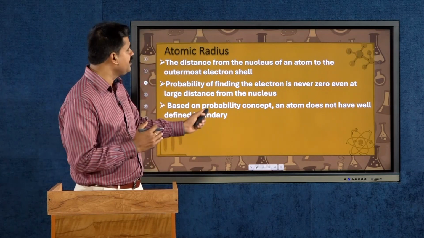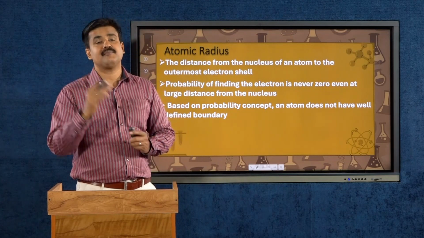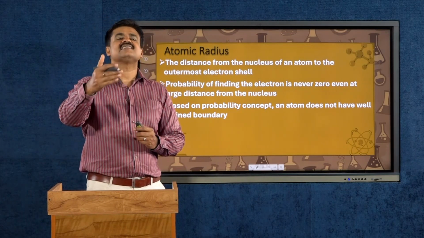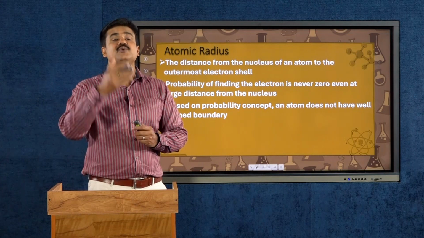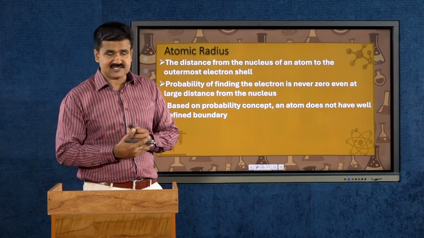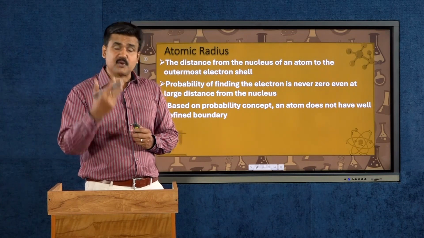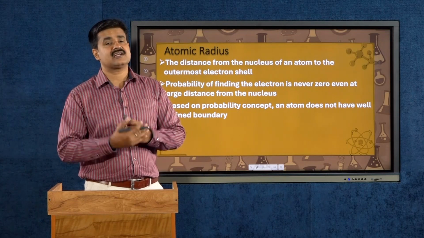Based on the probability concept, an atom does not have a well-defined boundary. If there is a clear-cut boundary, you can measure the distance from the center of the nucleus to that boundary position. In the case of atoms and ions, based on the probability concept, there is no clear-cut boundary.